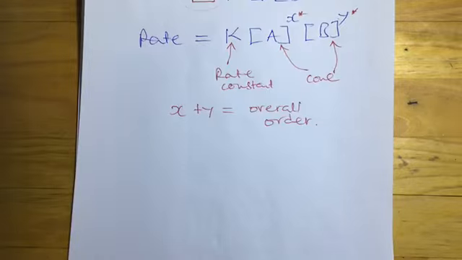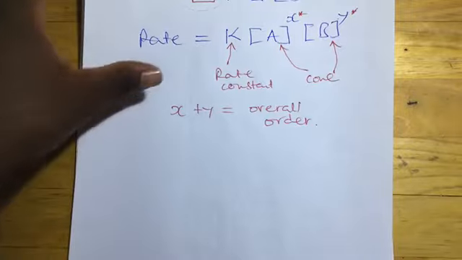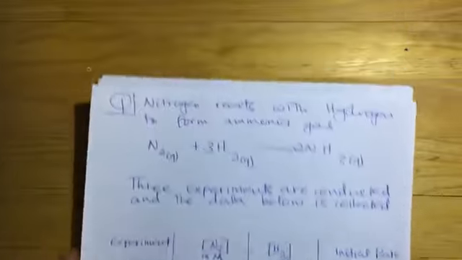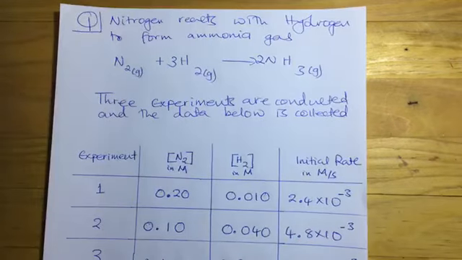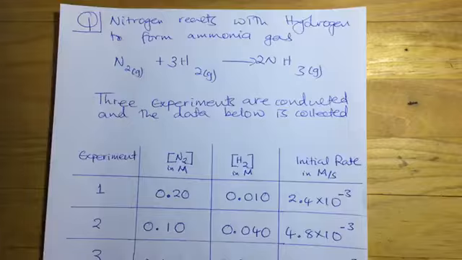So let's go. Where's the exam question? I wrote it somewhere. Okay. Here we are. This is what a typical question will look like. Okay, so let's read it together. Nitrogen reacts with hydrogen to form ammonia gas.